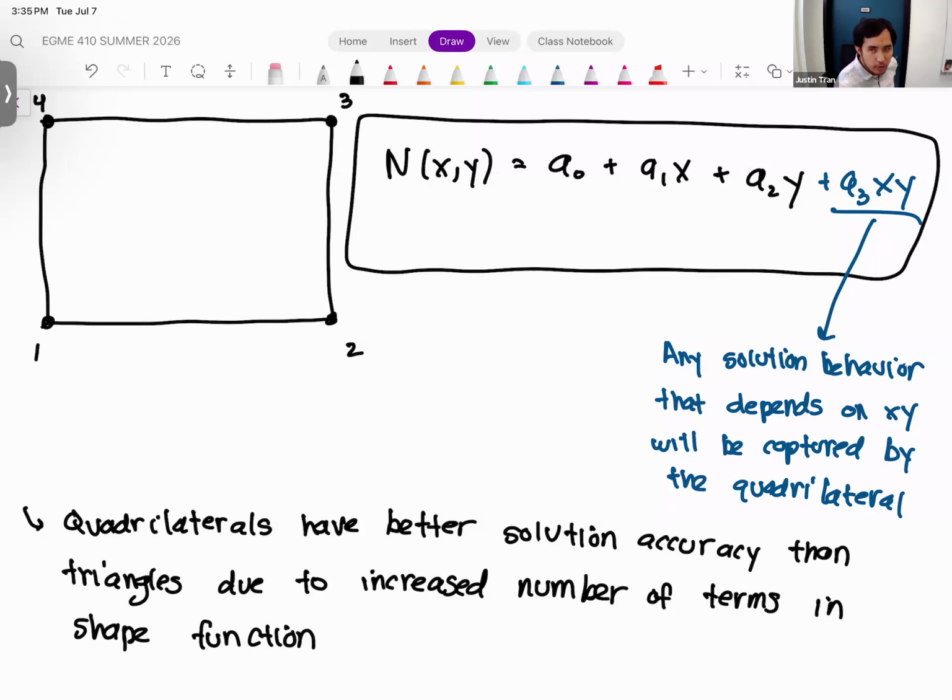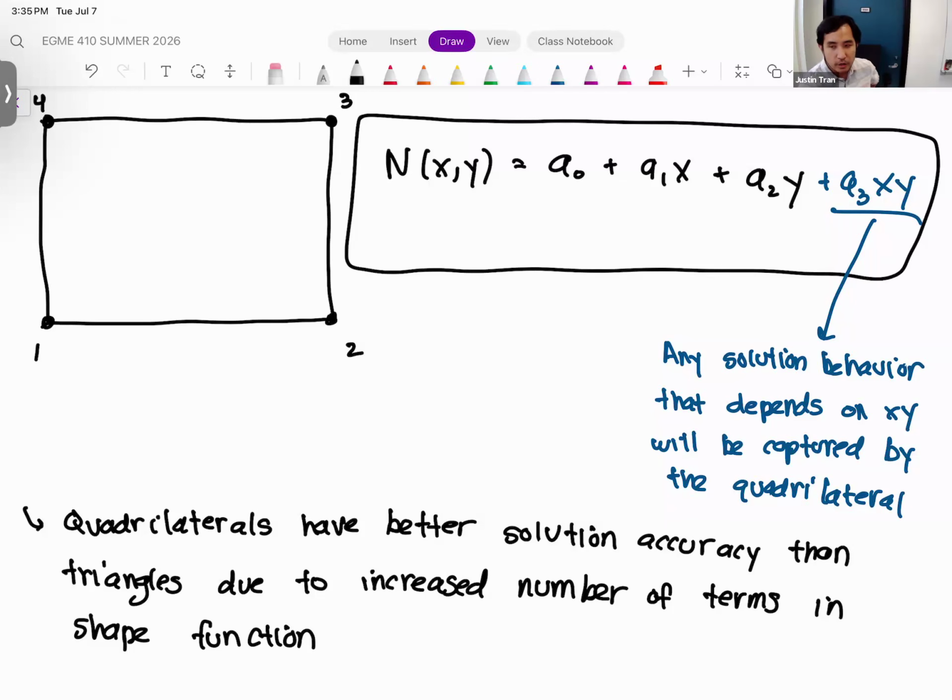You're going to see that trend continue in the quadratic elements as well. Generally speaking, with quadrilaterals you'll get better solution characteristics because of that additional term there.